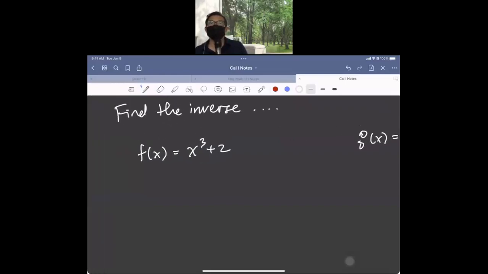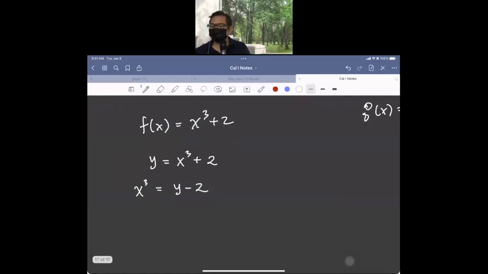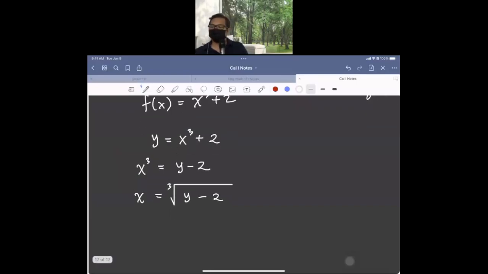Okay, so first, practically, we need to include y in our calculations, because we need to use that y to make the exchange between x and y. So we first write this, and we need to solve for x in terms of y. So we get that x is the cube root of y minus 2.